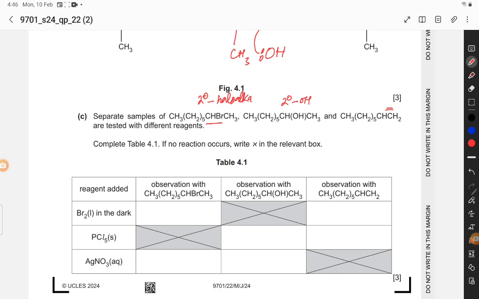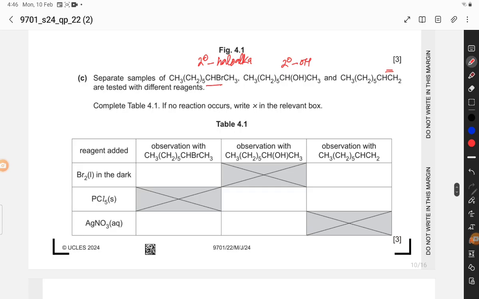And this is alkene. So bromine in the dark, so you know that bromine liquid in the dark, and observation with this compound, say there is no reaction, and no reaction with this alkane chain because bromine can react in the presence of sunlight.